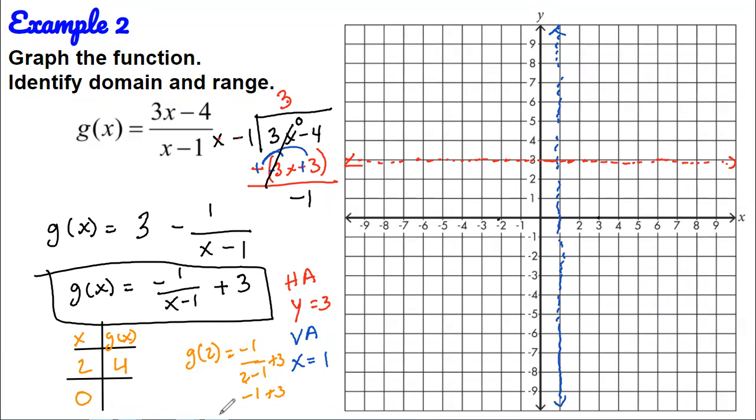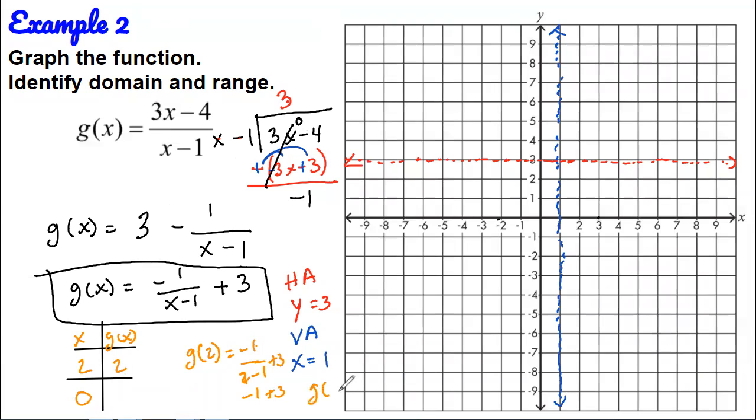Oh, no, is it -1? Oh, 2 minus 1 is 1. So we have -1 over 1, which gives me -1 plus 3, which is 2. Thank you, 2. There you go. Goodness gracious.